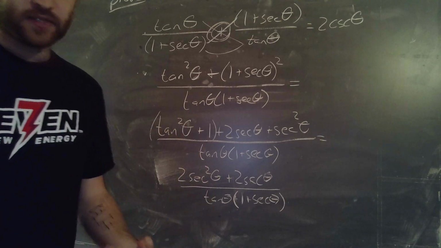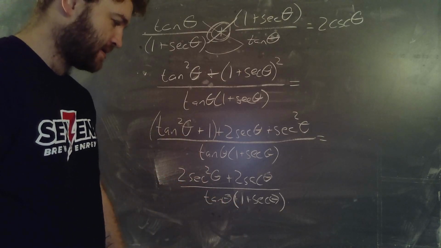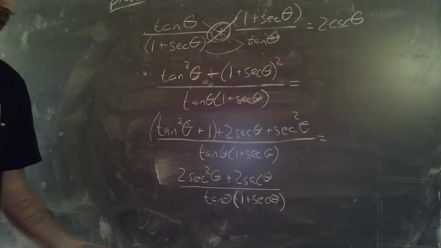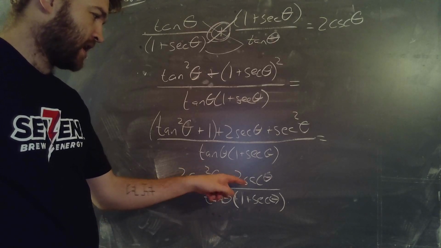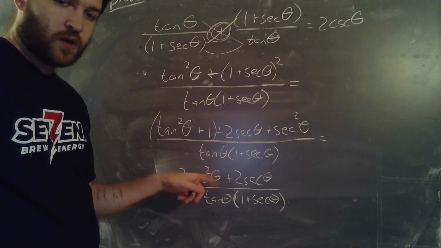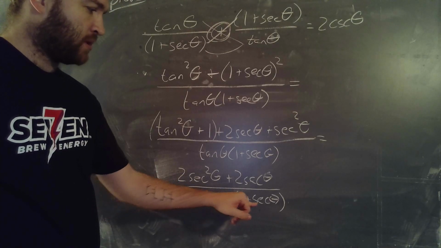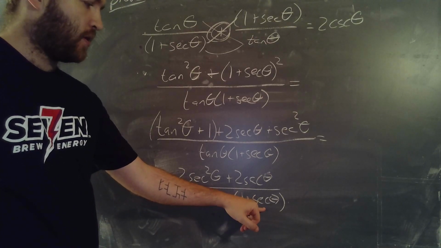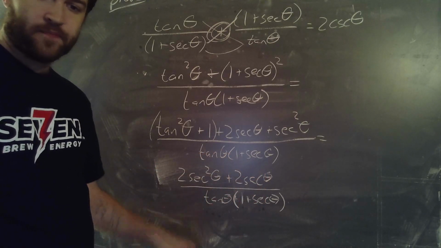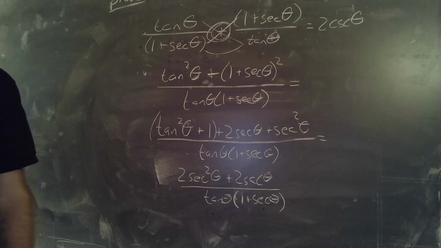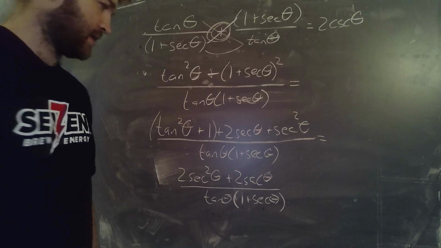Basically, if I'm going to cancel something, look at the terms in the denominator. I must either cancel tangent out of the bottom and then each side of the top, or I must cancel 1 plus secant theta out of the bottom and each side of the top. Unless I can turn the top into a product, one thing times another.